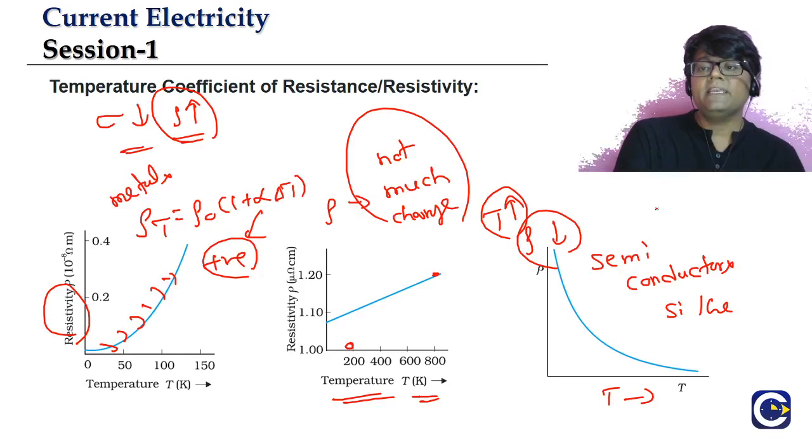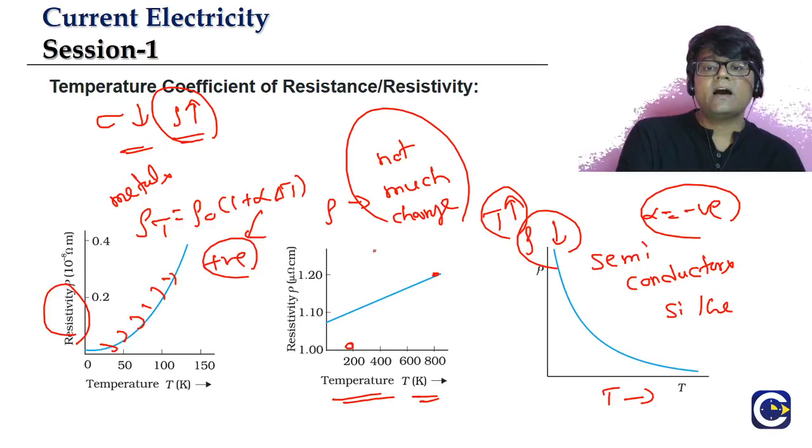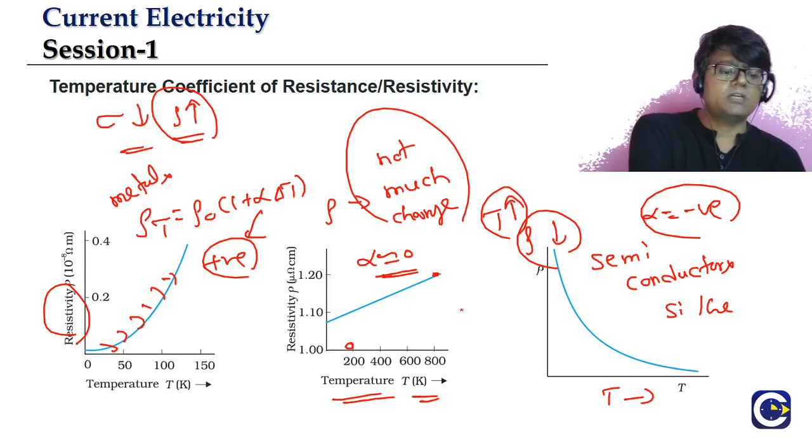The alpha will be negative for the semiconductors, and alpha is almost 0 for alloys like nichrome where we don't see much change of resistivity with respect to temperature. So this is about the concept of temperature coefficient of resistance or resistivity.